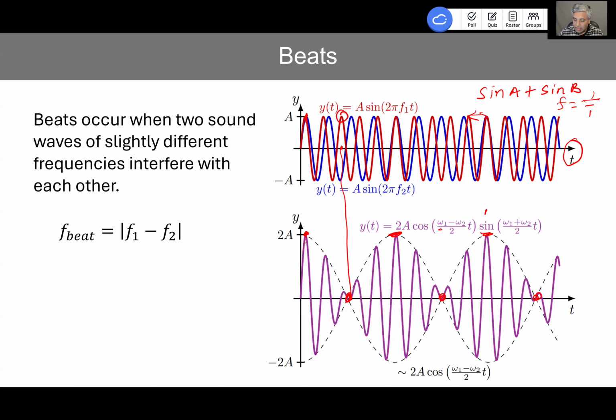Over here, you do the same, but now the time period is a lot longer, so the frequency is smaller. That's why the beat frequency is not equal to f1, not equal to f2, but is the difference between them. That's how the frequency of the beat is calculated.